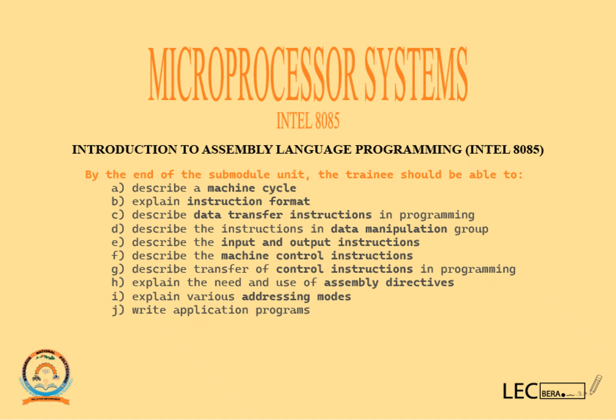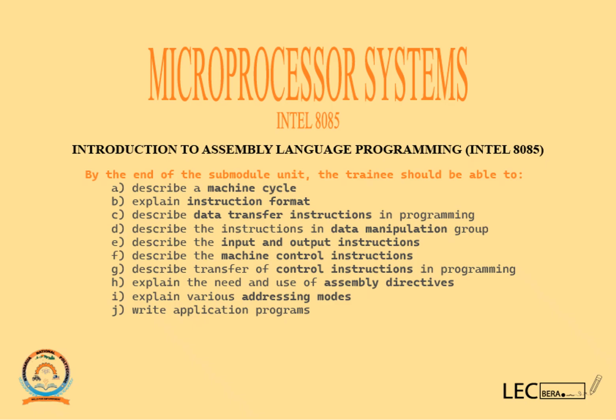And then in part 2 of this session, which is still in this topic, the introduction to assembly language programming, we are going to tackle various addressing modes, and then we are going to do some application of programs. We are going to write some simple programs.